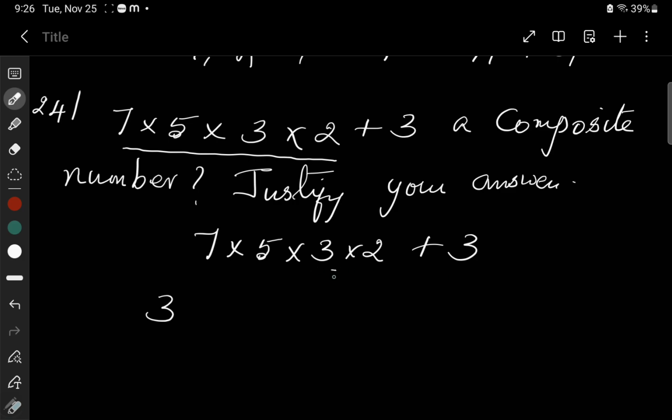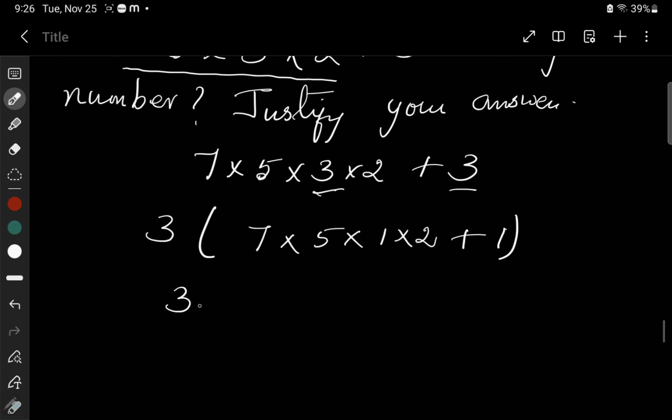Here 1 3, and here you have 3 in the second term. So 7 into 5 into 2, when I take this 3 outside, you will get 1 plus 1. So 3 into, 7 5s are 35, 35 2s are 70 plus 1.